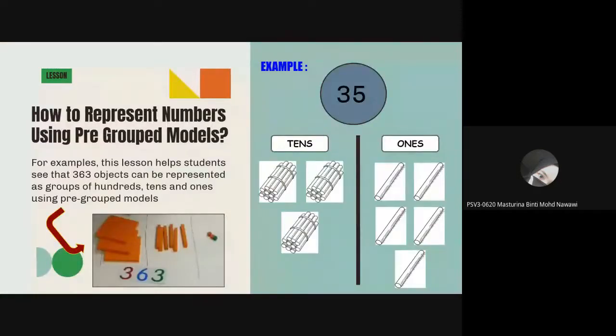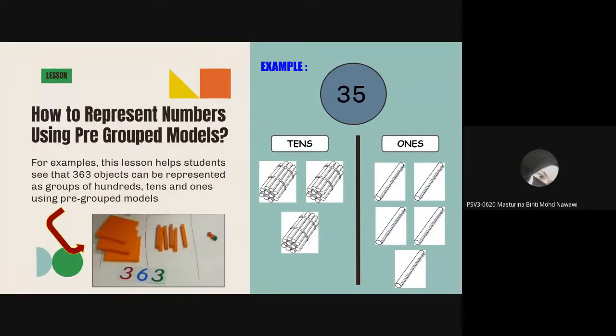How to represent numbers using pre-grouped models. For example, this lesson helps students see that 35 objects can be represented as groups of hundreds, tens, and ones using pre-grouped models.